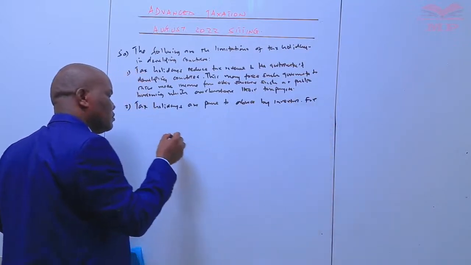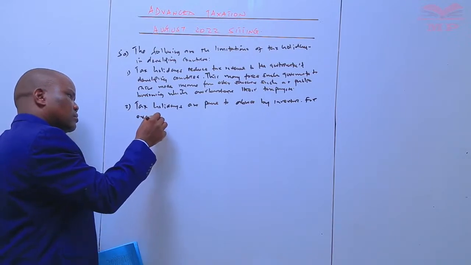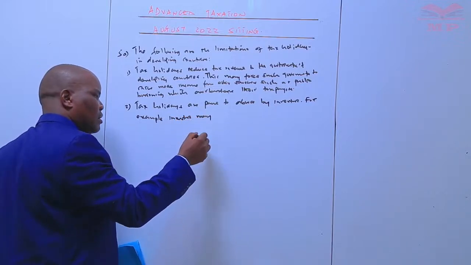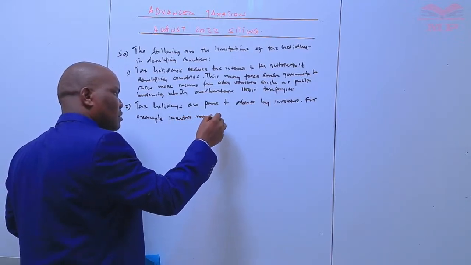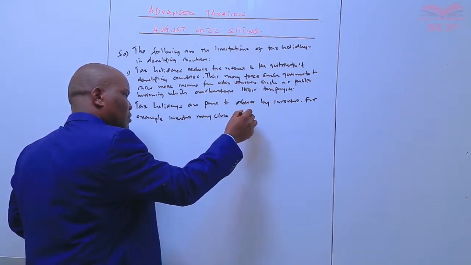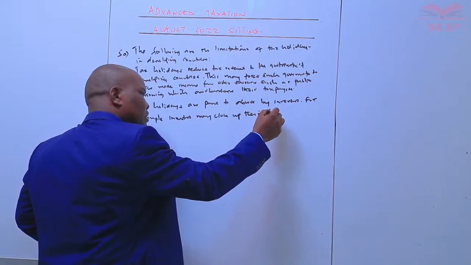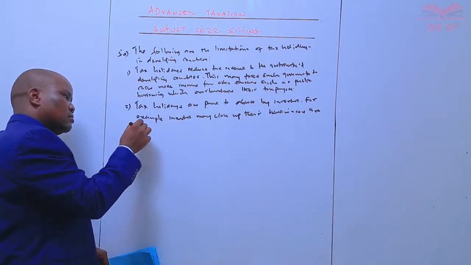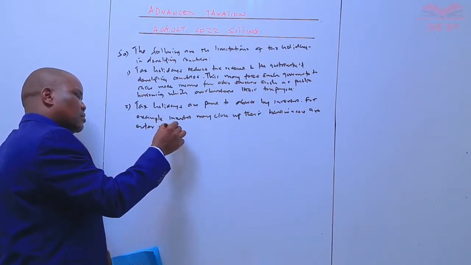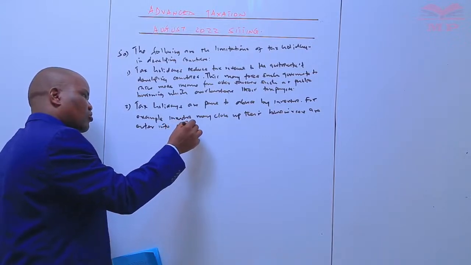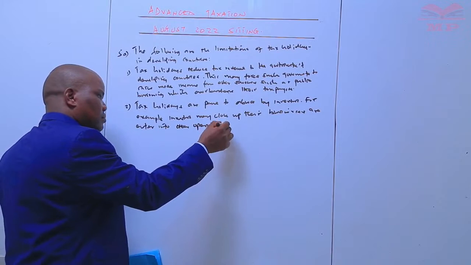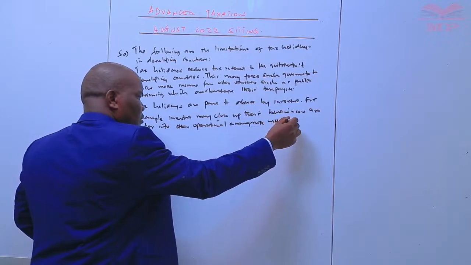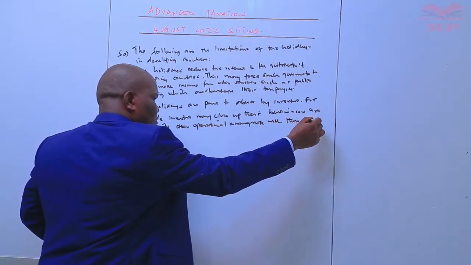For example, investors may close up their businesses and enter into other operational arrangements with those enjoying the exemption.